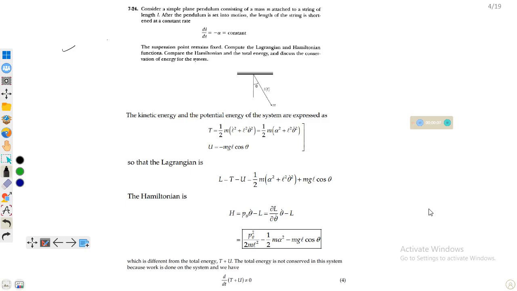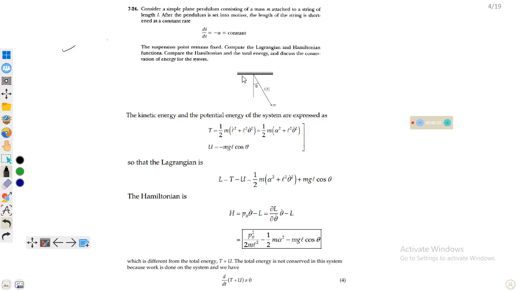In this lecture, we will discuss the solution for problem number 7.24, which says: consider a simple plane pendulum, consisting of mass m attached to a string of length L as shown in the figure.